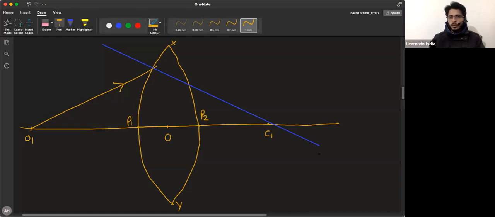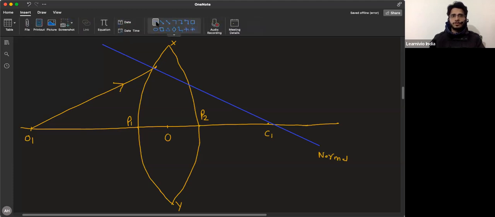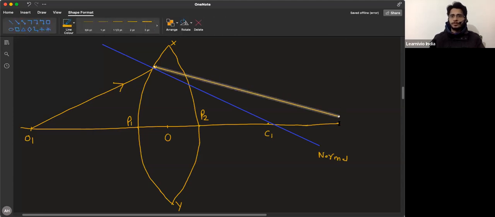So this is the normal. When it moves from rarer to denser medium, the ray will bend towards the normal. It should go straight in this way, and that should be the final image.